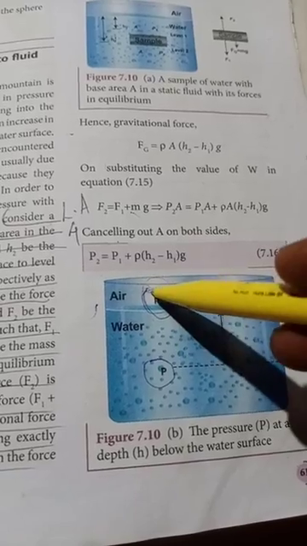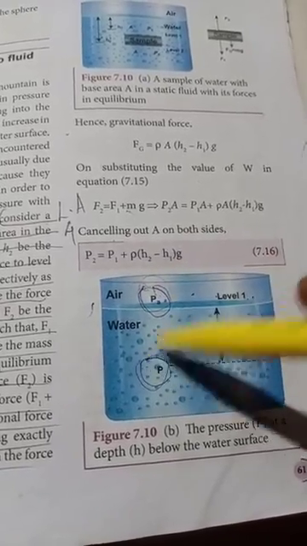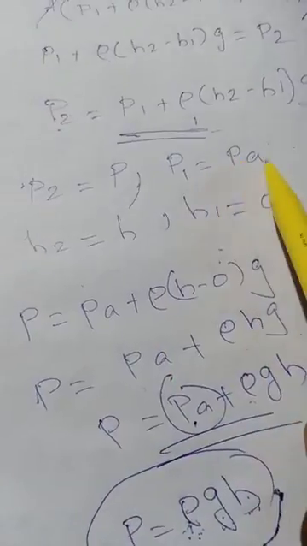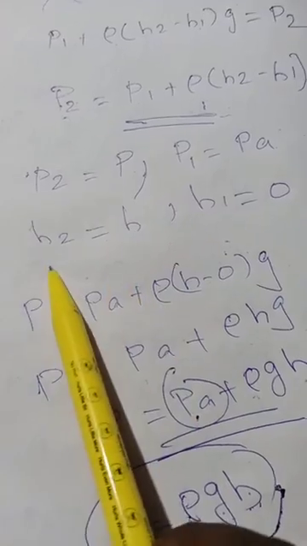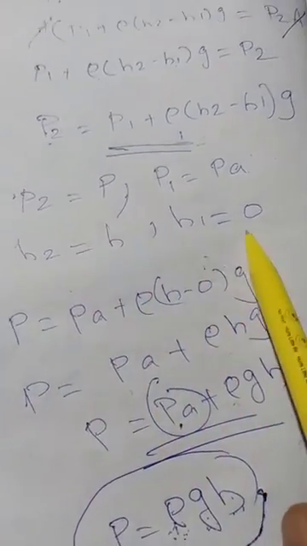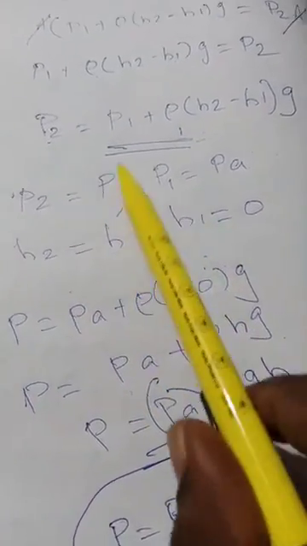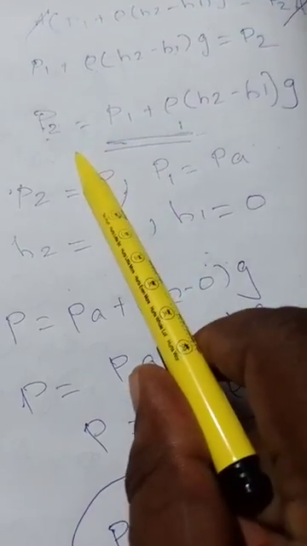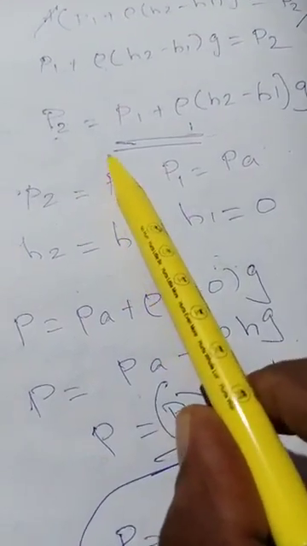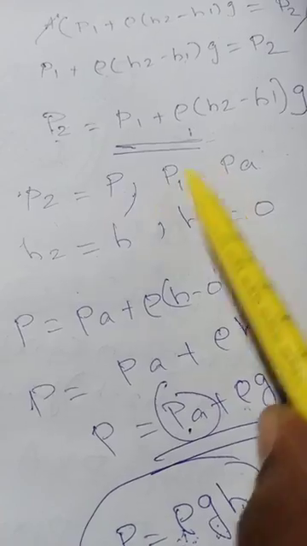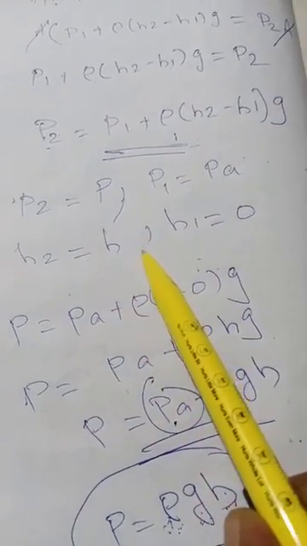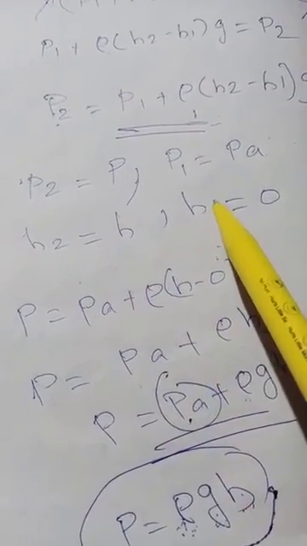P1 is the atmospheric pressure PA, and P2 is P. Now we substitute all these in this equation: P2 equal to P, P1 equal to PA, H2 equal to H and H1 equal to 0. So P is equal to PA plus rho into (H2 minus H1) into g.